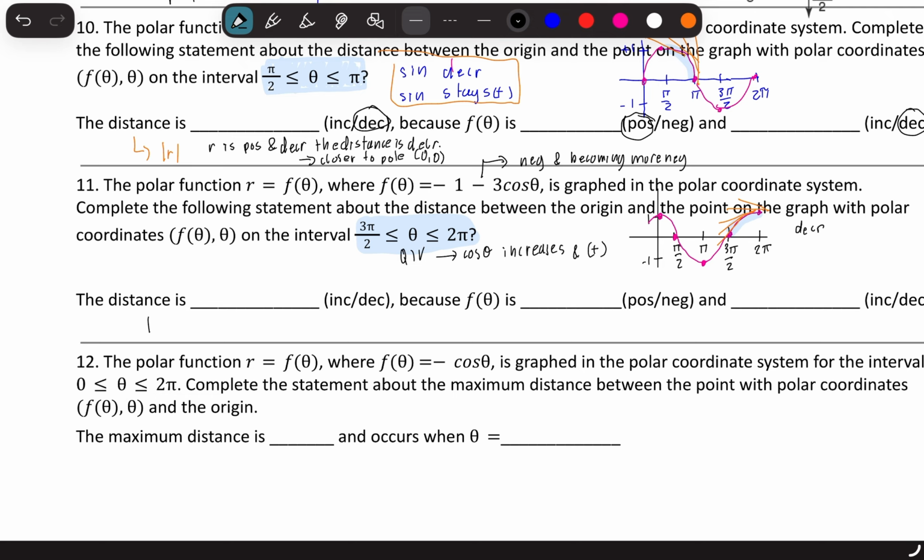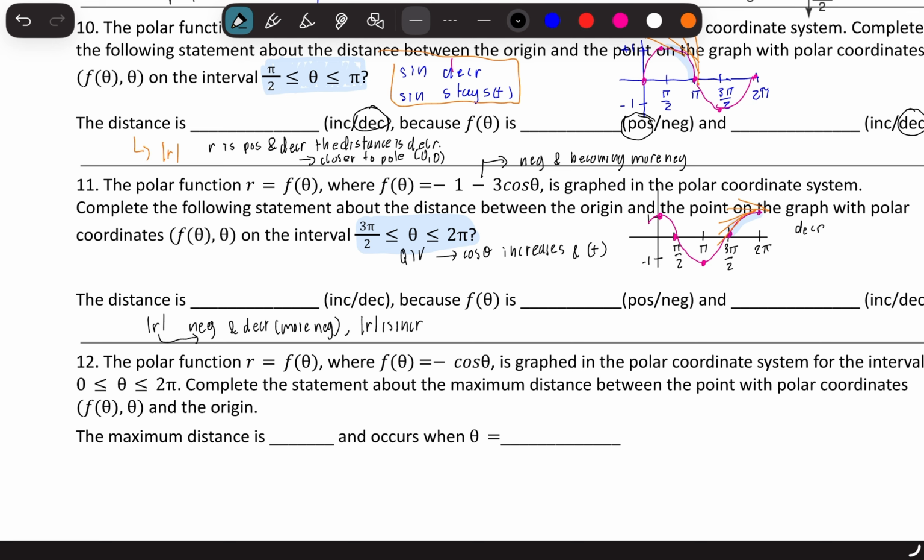So that means that in total, this function is going to be a distance of the absolute value of r. So right now r, we know, is negative and decreasing, getting more negative. That means that the distance is going to be increasing.